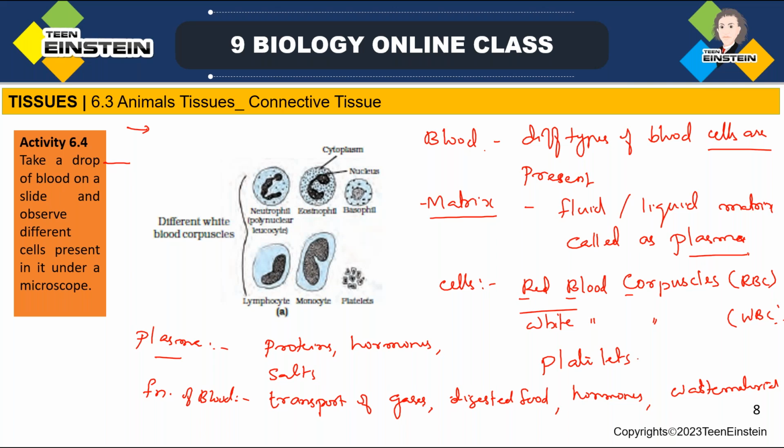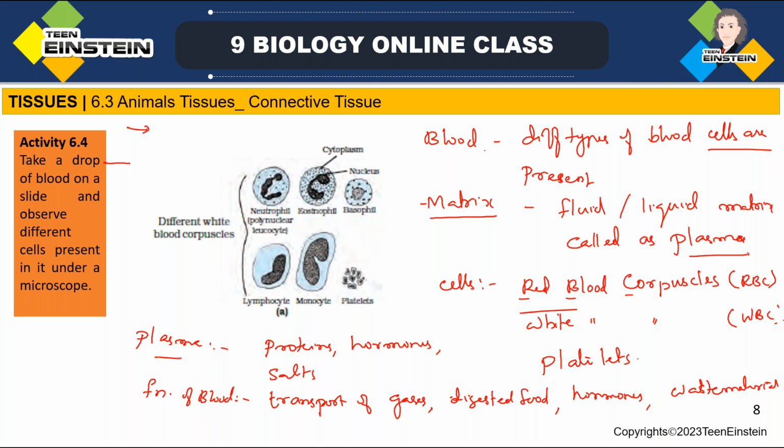Blood mainly transports gases, then all the digested food, like all the nutrients, right? Then hormones are transported through blood. Then waste materials are collected from different parts of the body, that is also through blood, right?